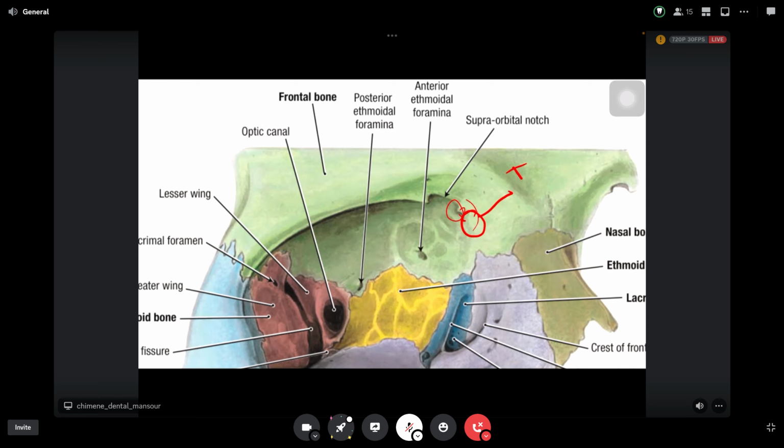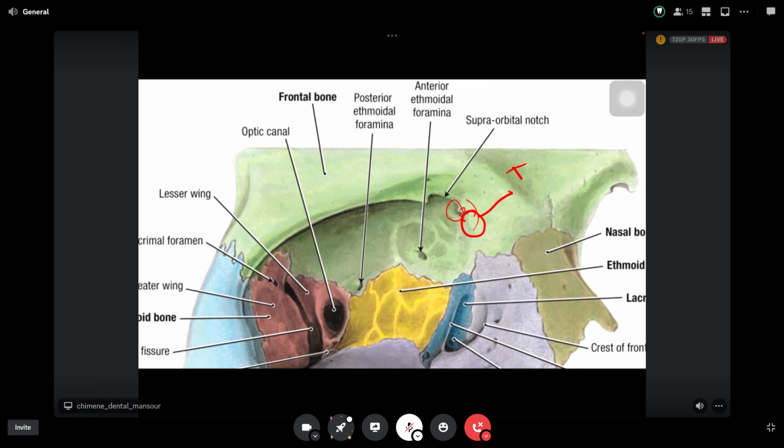So here, between each concha, you have what we call the meatus. Right above the inferior nasal concha, the inferior nasal turbinate, you have the inferior meatus, and between the middle nasal turbinate or middle nasal concha and the inferior nasal concha, you have the middle meatus.